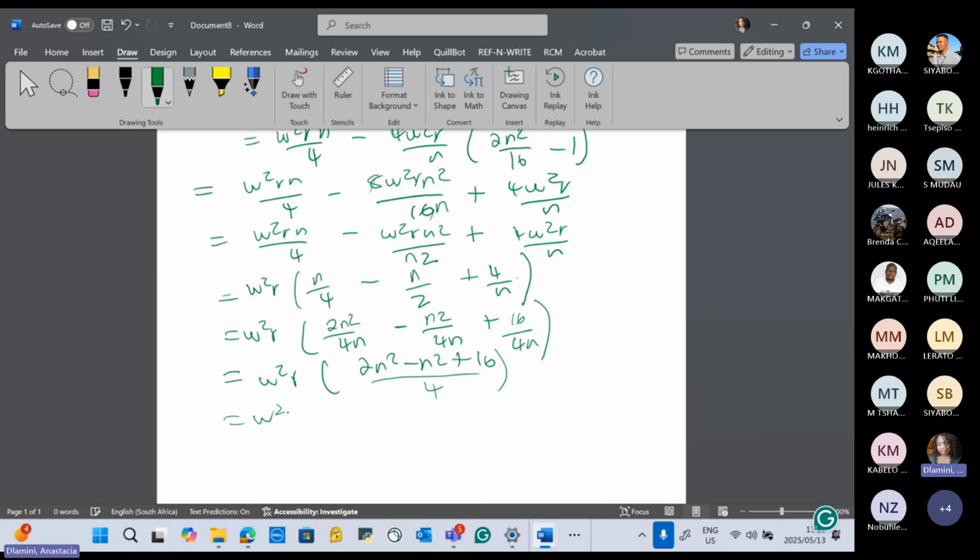So it's w squared r. So this is, okay, so this is what? Guys, I need your help. I'm lost. So this is w squared r, n over 4 minus n over this. So if I say LCD is 4n, so this is 2n squared minus this.